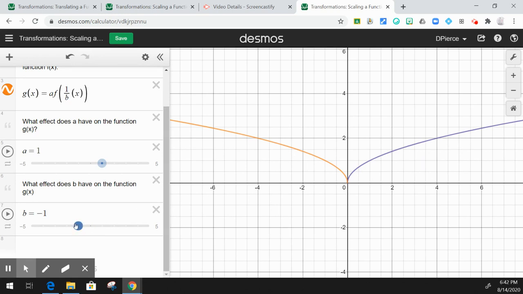Well, if our b value is negative 2, now these points are moving farther away from that y-axis. So it's not the same shape anymore. So not only is it a reflection, but it's also a horizontal stretch. So this point here is 2 spaces away from that y-axis. And originally, it was only 1 space away from the y-axis.